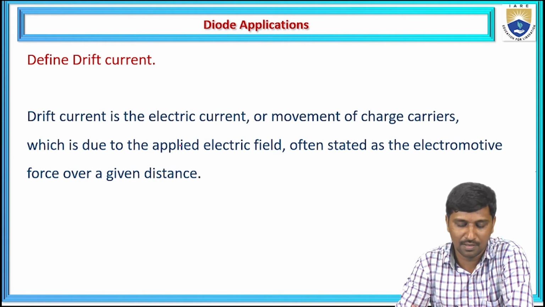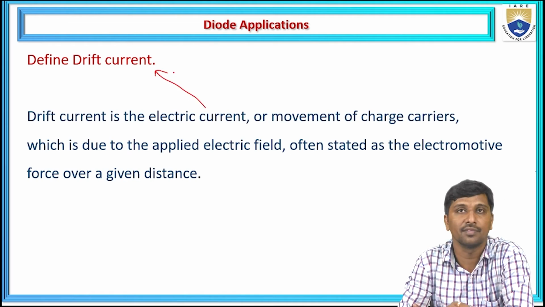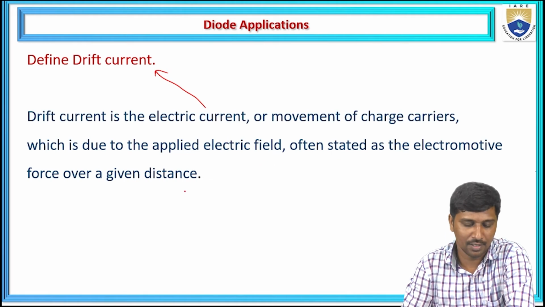Due to that applied electric field, the charge carriers move from one region to the other region, hence it allows conduction. The rate of conduction is measured in terms of an electric current that is called the drift current. So the drift current is the electric current or movement of the charge carriers due to the applied electric field. It is often stated as the electromagnetic force for a given distance.